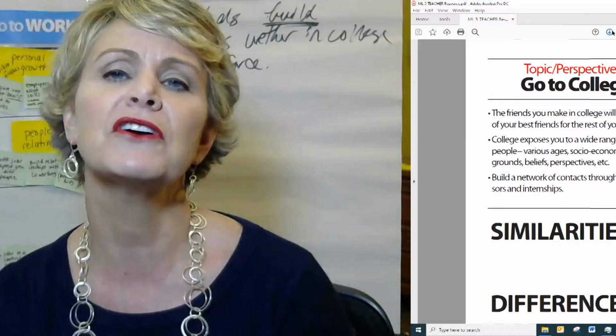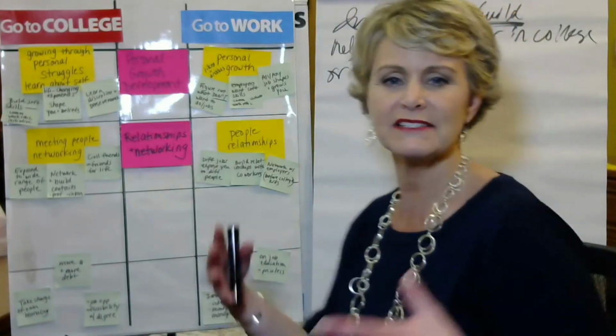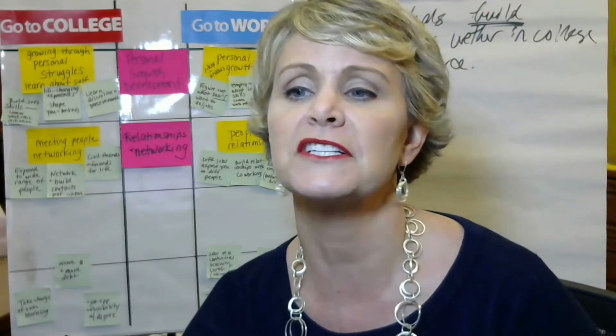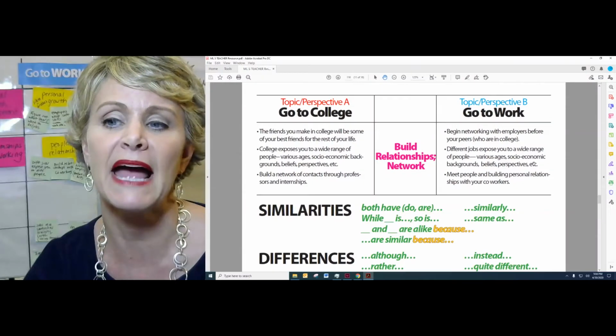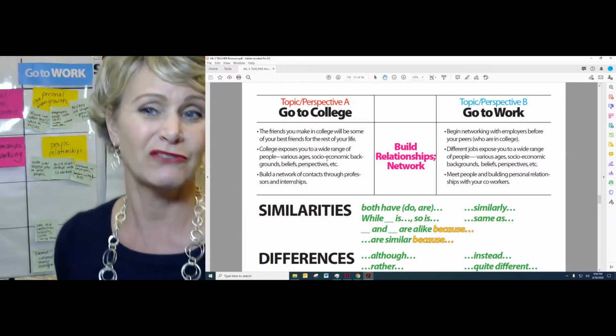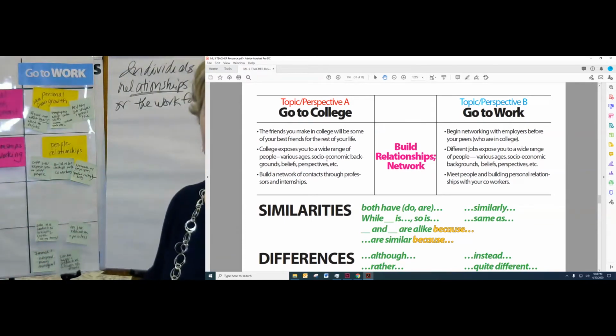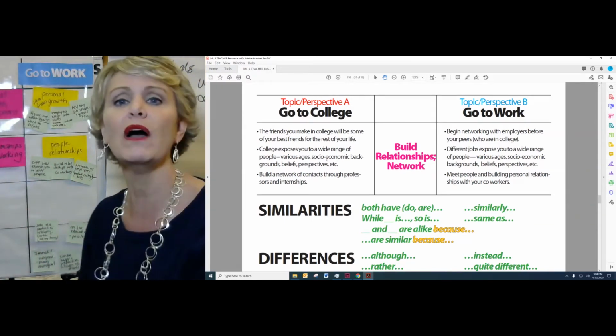Okay, so how could we say that? How could we reference that? Because both of them, if you remember again, talked about that you're exposed to a wide range of ages, backgrounds, and beliefs. So this is a strong similarity between them. Let's just say that. And what transition word?